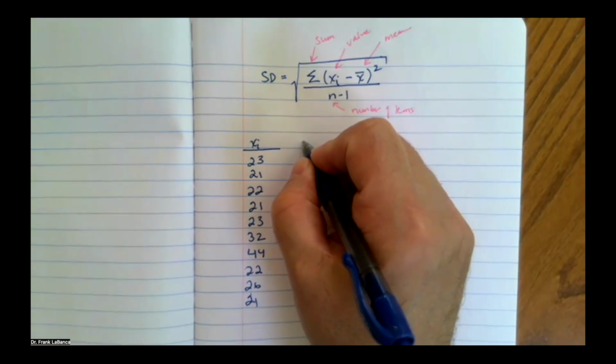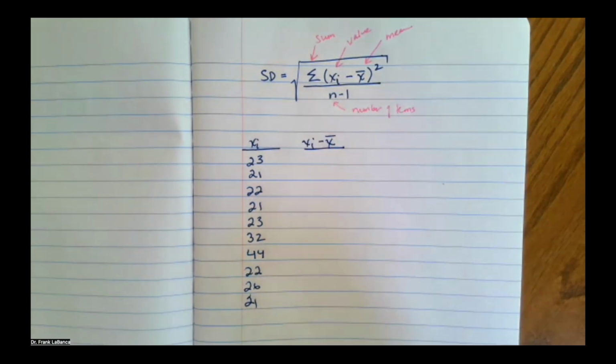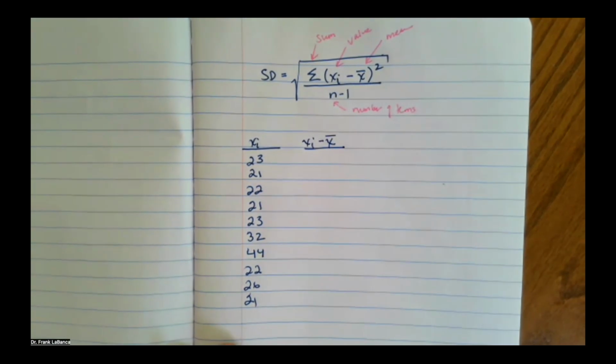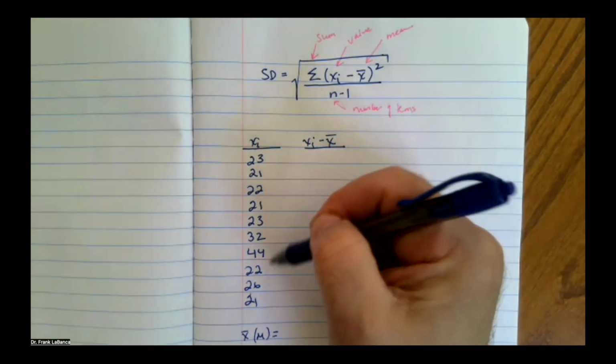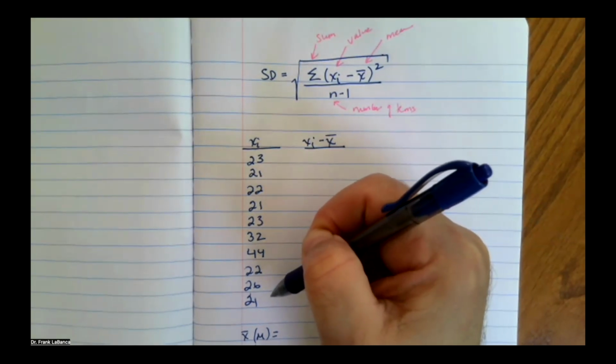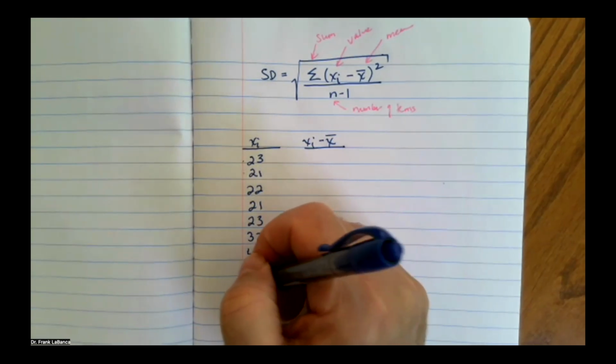So then I'm going to take the xi initial minus the x bar. Okay, so what is the x bar? That's the mean. So the mean, or the x bar, it could be referred to as mean or x bar. In this case, we add up all of these values, and then we divide because there are 10 of them. 1, 2, 3, 4, 5, 6, 7, 8, 9, 10.